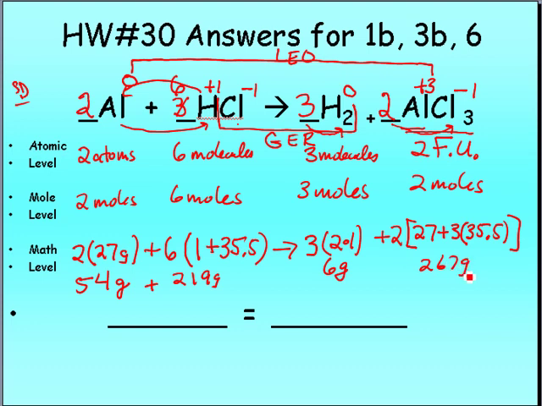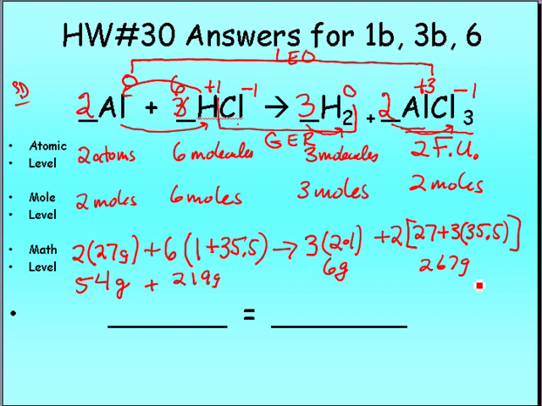So this tells me that if I react, and everything goes just perfect, that if I react 54 grams of aluminum and 219 grams of hydrogen chloride, I can make 6 grams of hydrogen and I can make 267 grams of aluminum chloride. So that's how I'd work my way through 3B.